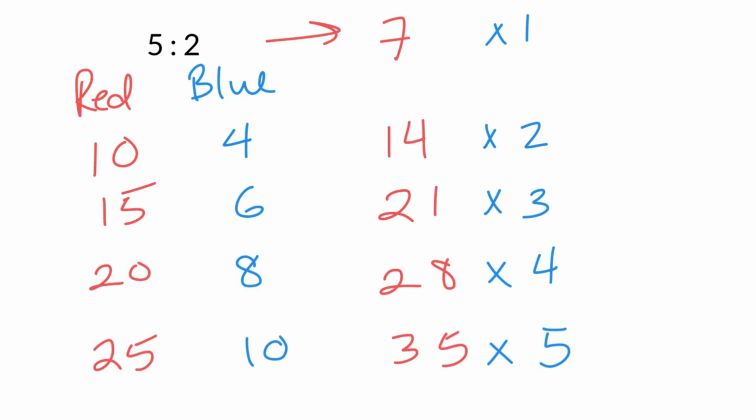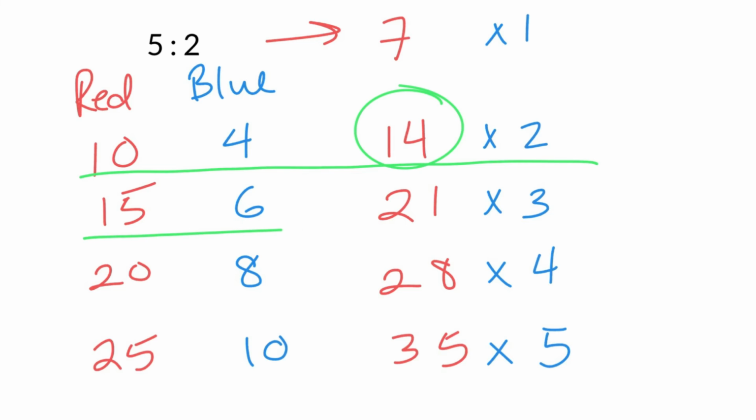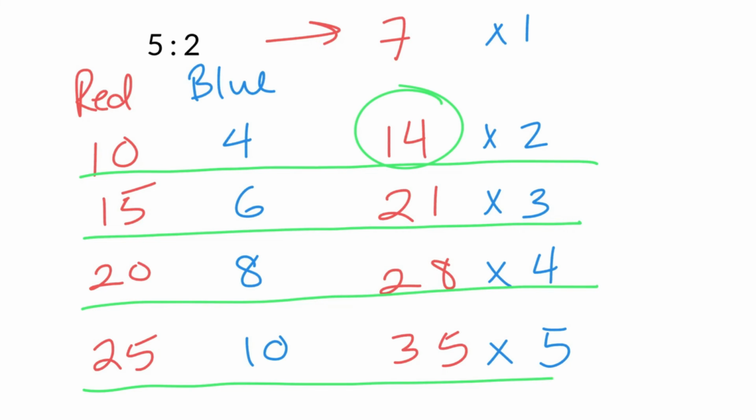All in all, you could see that if we follow the numbers, each component matches up with both the ratio and the multiplier, and all the parts always add up to the total that we have here on the right. So 15 and 6 give us 21, 20 and 8 give us 28, 25 and 10 give us 35.